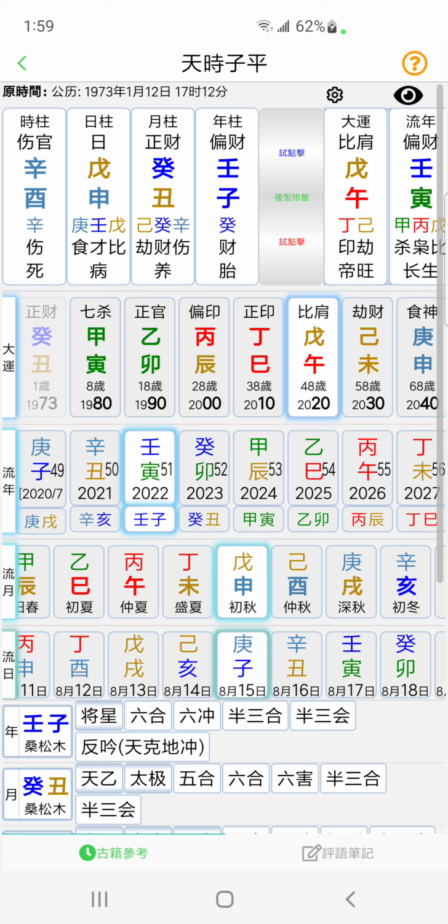The zi, the rat water, and the ox are one of the six harmonies of the earthly branches. Because it's during the winter, the ox and the rat will very strongly become water. And the metal in this Xin metal is a hidden stem of the water.